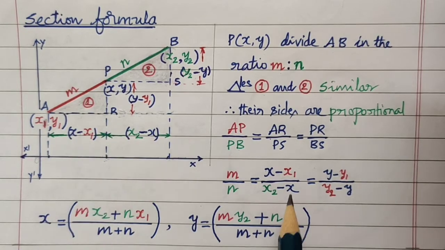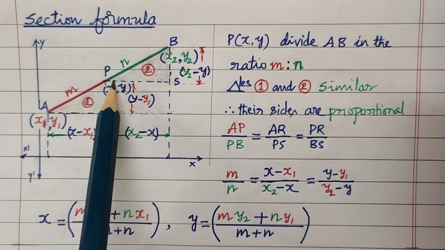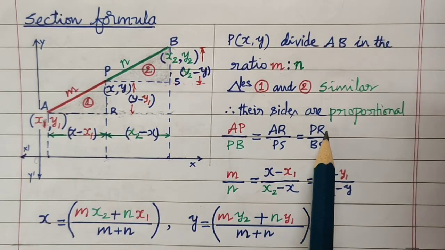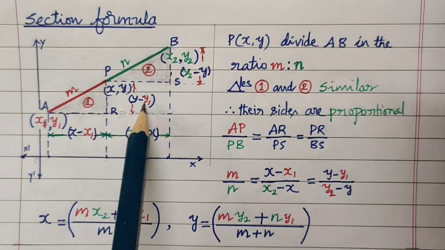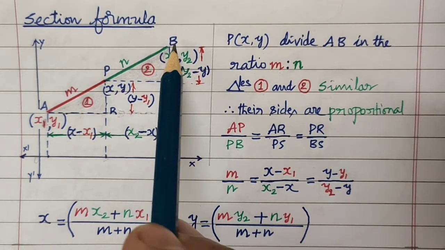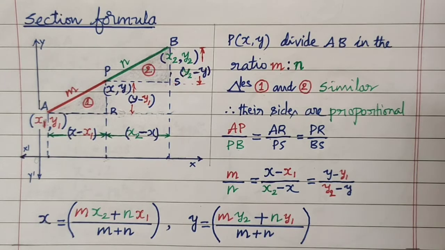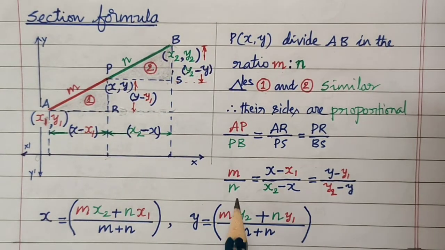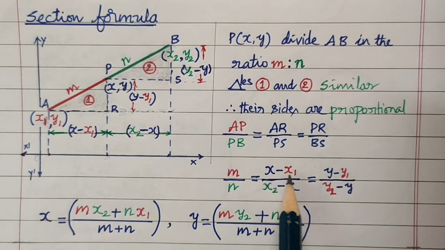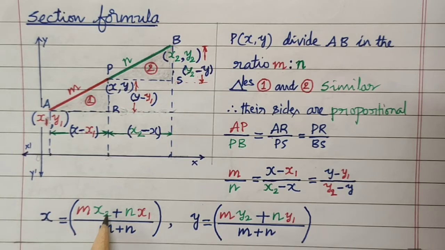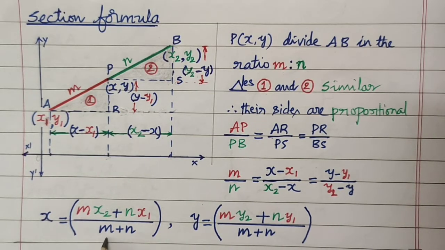AR is equal to x minus x1, PS is equal to x2 minus x, PR is equal to y minus y1, BS is equal to y2 minus y. By equating m by n with x minus x1 divided by x2 minus x, we get the x value, that is m into x2 plus n into x1 divided by m plus n.